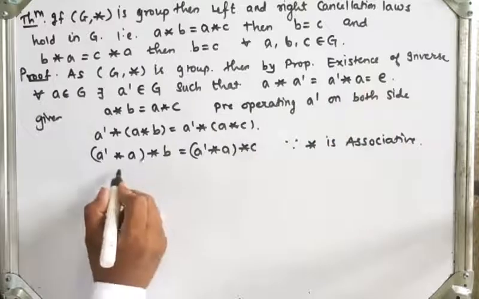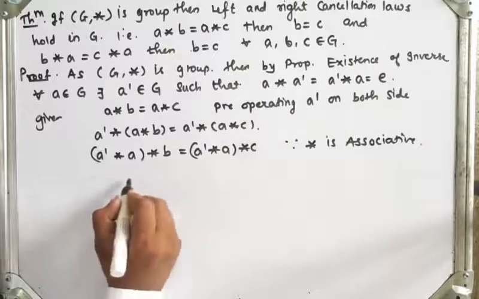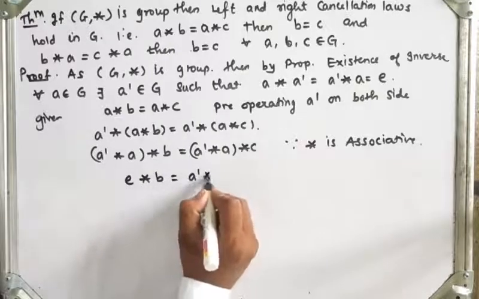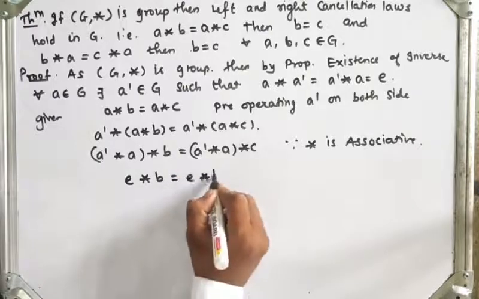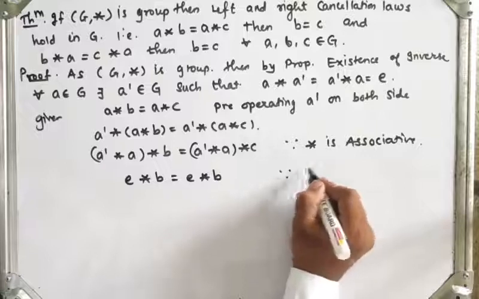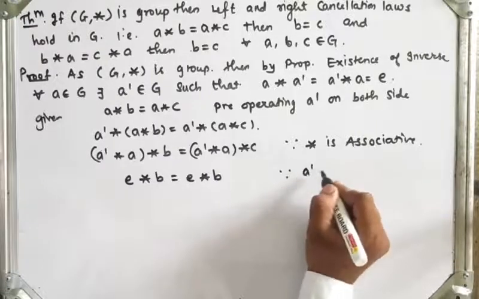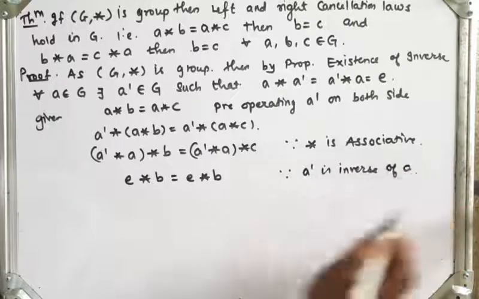The identity, because of the existence of inverse, since A dash is the inverse of A.